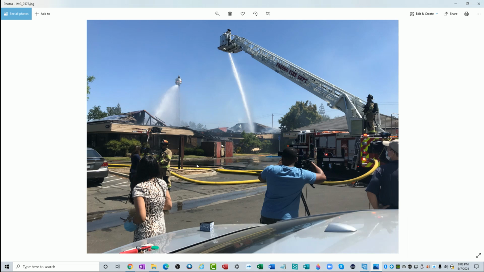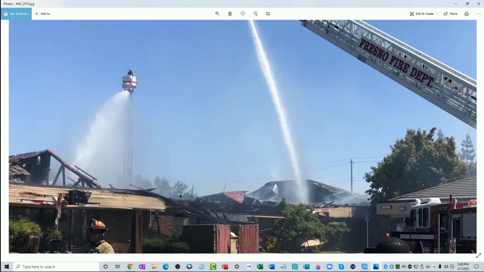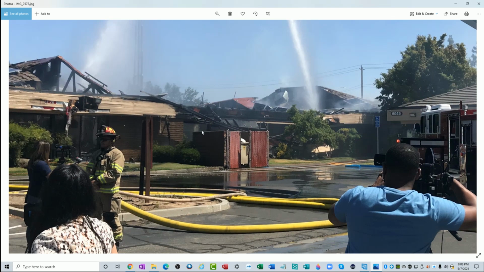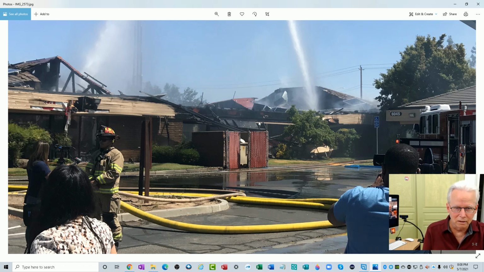Look at this. What happened? 2 fire trucks visible. There were actually 8 fire trucks on scene.